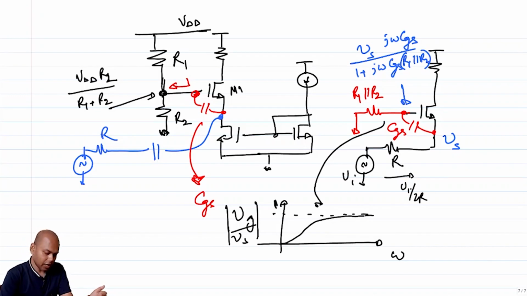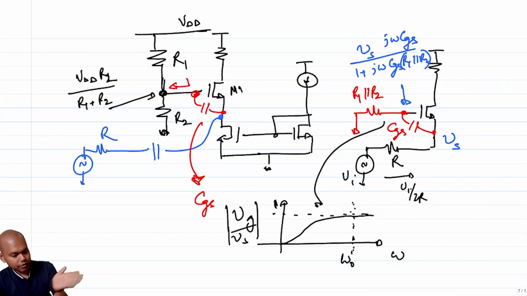Now, if a high frequency is your matter of interest, let's say this is your omega naught where you are trying to operate your circuit, then at this frequency, what are you going to see? You are going to see the VGS has shut down. If the VGS has shut down, then the Gm VGS is also 0, so the incremental impedance that you are going to see is going to increase, right?